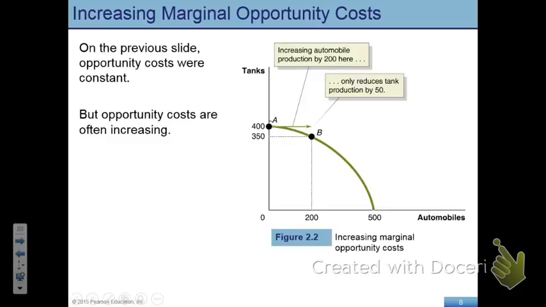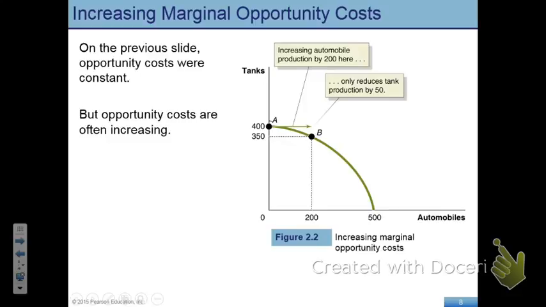Let's now start looking at the automobile industry. So the automobile industry was non-existent before. Do you all understand that? They were not producing anything. Suddenly, they get a blessing of resources from the tank industry. The industry is completely fresh, all the machines are fresh, all the workers in the automobile industry were not working, right?